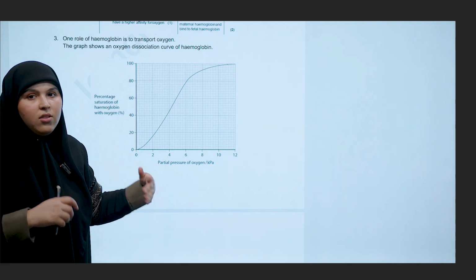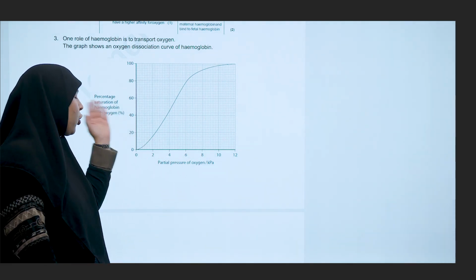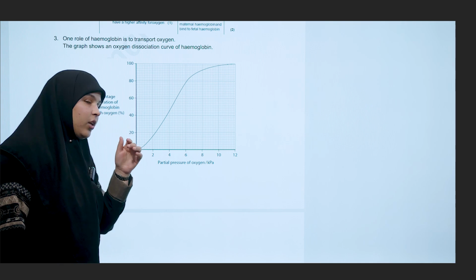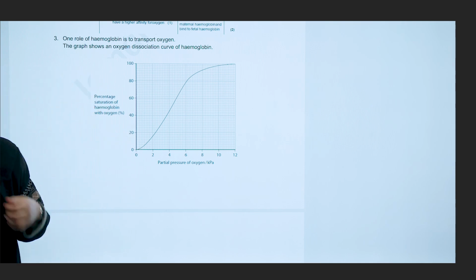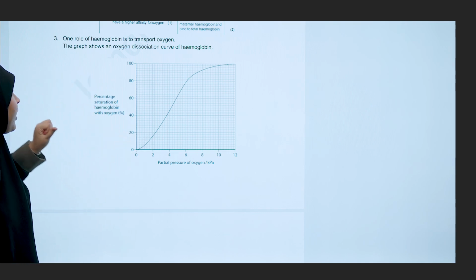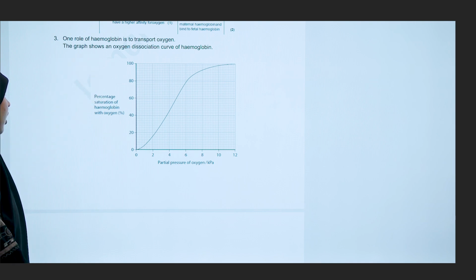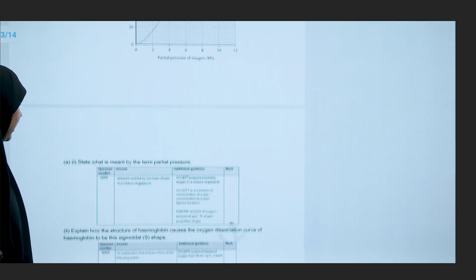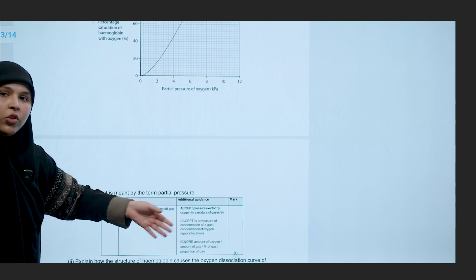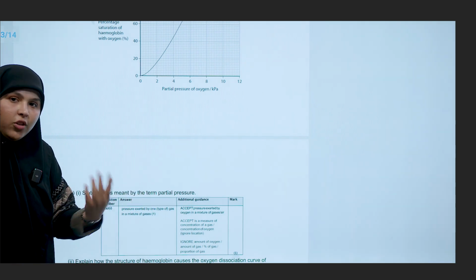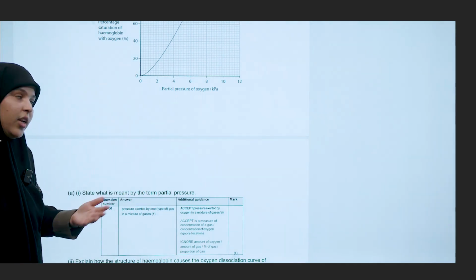What is this graph? It's the oxygen hemoglobin dissociation curve. Once you see the percentage of saturation with the partial pressure of oxygen, this means we are talking about this curve. The graph shows the oxygen dissociation curve of hemoglobin. State what is meant by the term partial pressure. As we said, it's the pressure exerted by one gas, or by oxygen, in a mixture of gases.